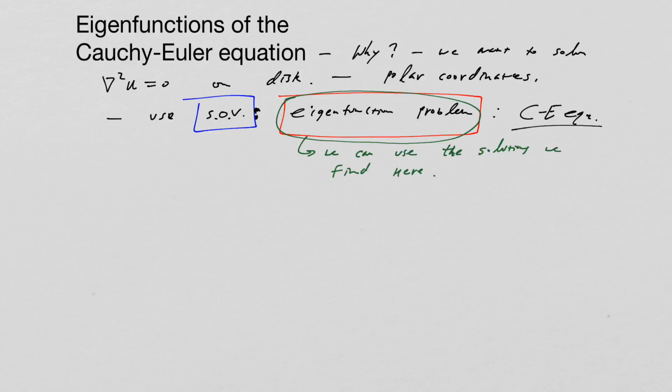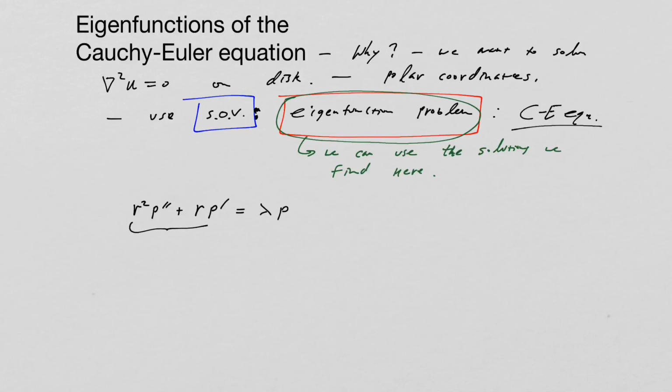Okay, so let's talk about the eigenfunction problem. It's going to be r squared p double prime plus r times p prime is equal to lambda p.